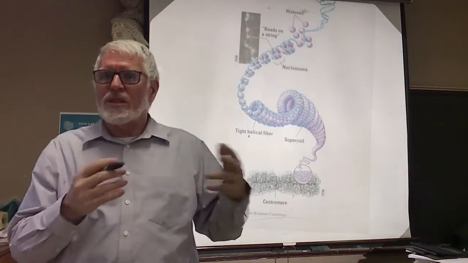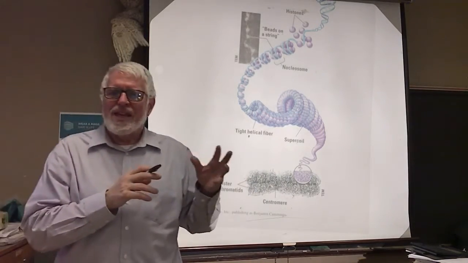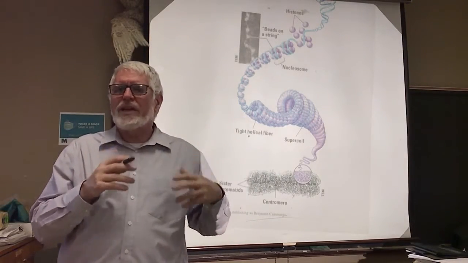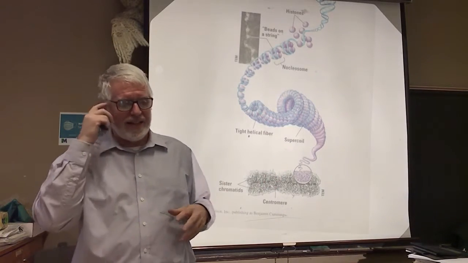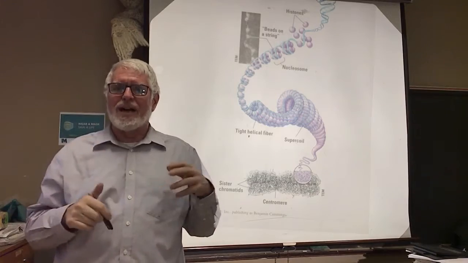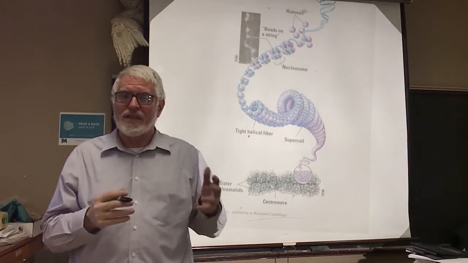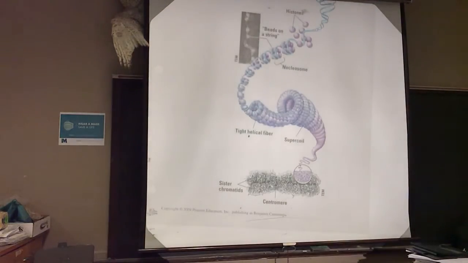The stuff that you use is loose, but it runs through areas of the nucleus where some places it's easy to get at it, and some places it's not easy to get at it. We'll talk later about what's called location effect with a mutation that moves a piece of DNA from one place to another.